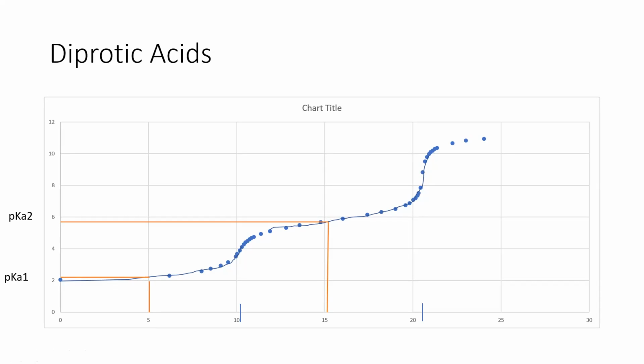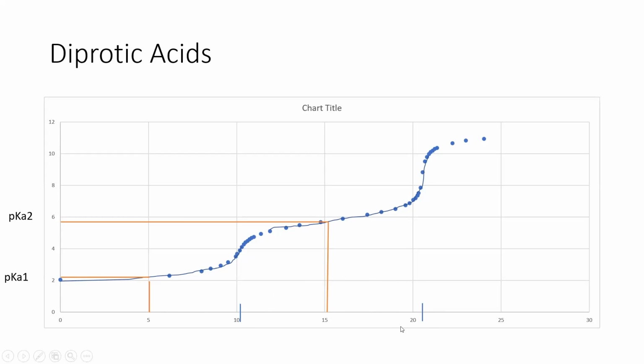So the first pKa, pKa1, is not too bad. The second pKa is a little bit trickier. You'll notice that the spacing here is very regular, so keep that in mind. For the second equivalence point, the one just above 20, I don't want half of that, because half of that was my first equivalence point. I want halfway between the two equivalence points. So I could take the average of my two volumes, which would give me something just above 15.